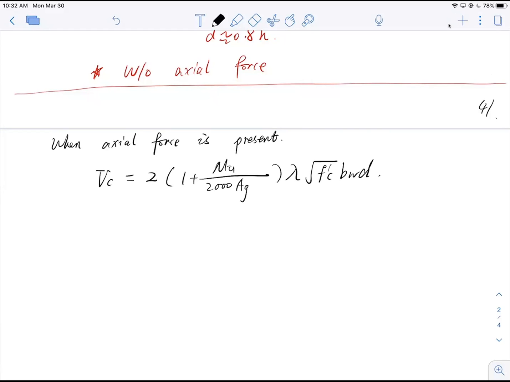Now the only new parameters here: Mu is applied moment. Well, I shouldn't say that, I should say factored moment. And Ag is the gross cross-section area.